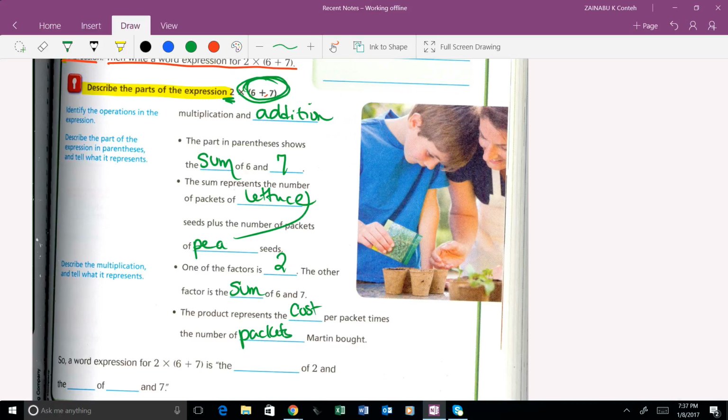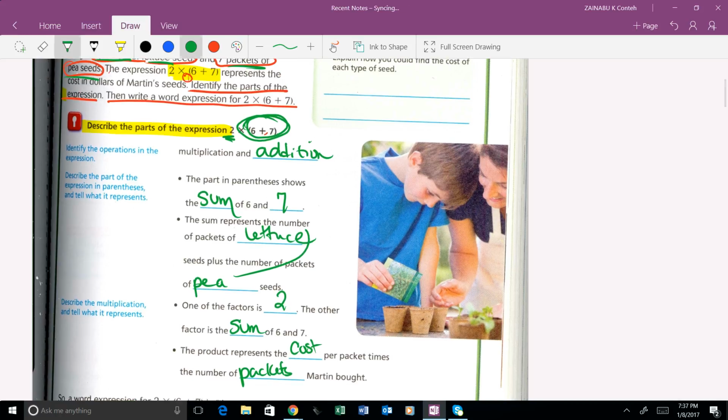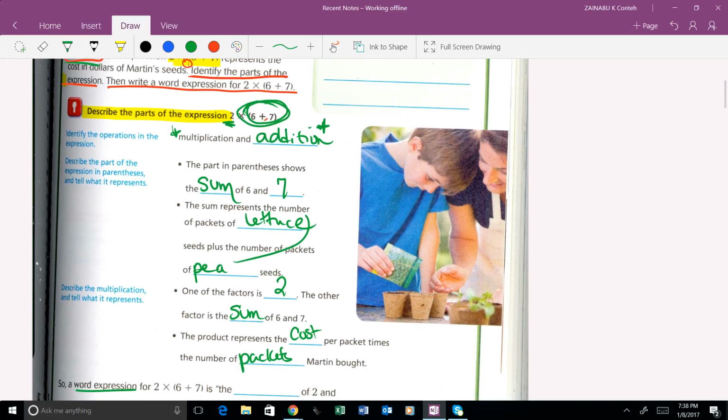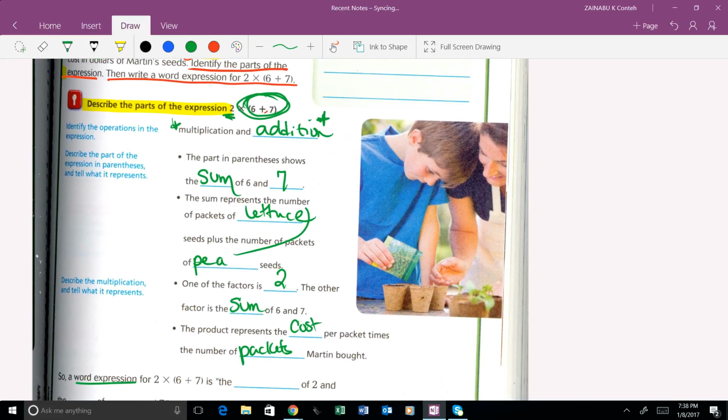So a word expression, because remember we're asked to identify the parts of the expression. We got that. We know there's multiplication, we know there's addition, we know the sum of 6 and 7 is what we're looking at, and then we find the product of 2 and that sum.